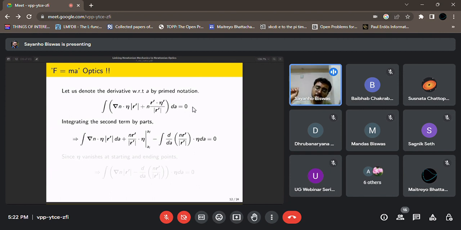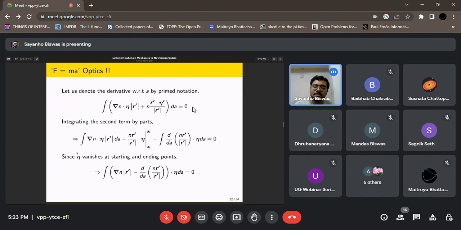Because we are keeping our starting and end points fixed, and we are finding the trajectory of the light path keeping those fixed. Therefore, this middle term goes out of existence. That is, eta at final is automatically 0, and dot product with anything will be 0. And eta at initial is 0. It's a null vector. Dot product with anything will give you 0.